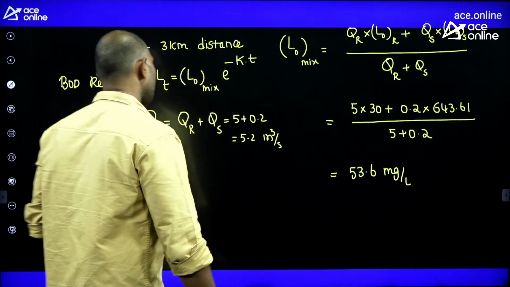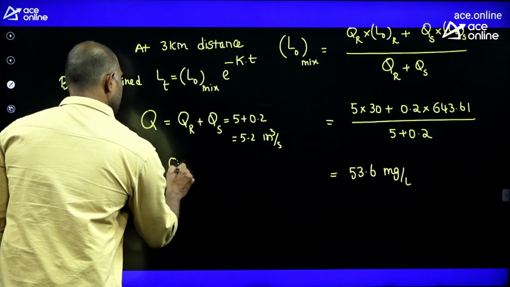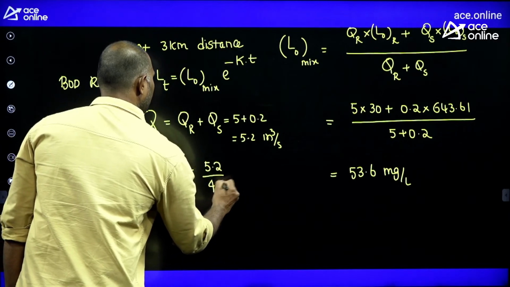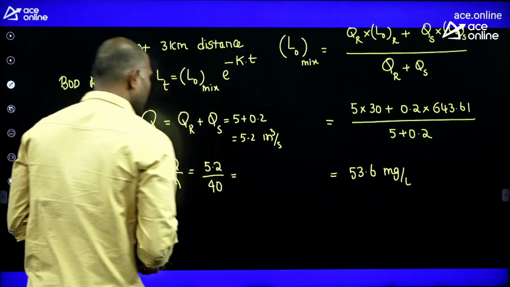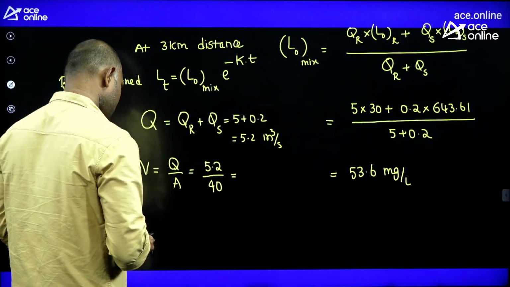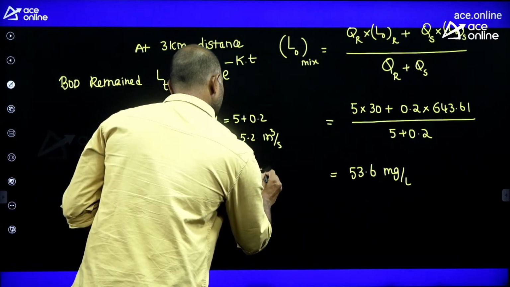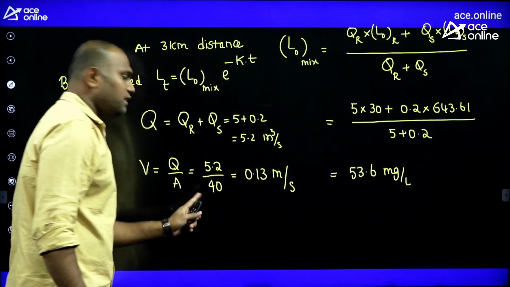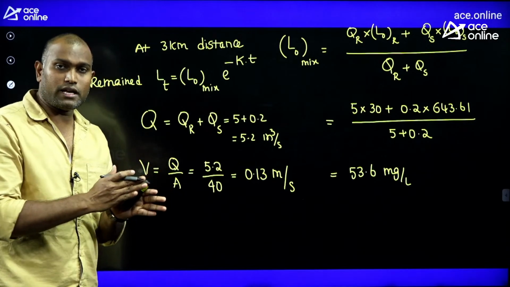Yes. Now, first you find out the velocity, which is Q by A, which is 5.2 by 40. So this is 0.13 meter per second. With that velocity, the water is moving.